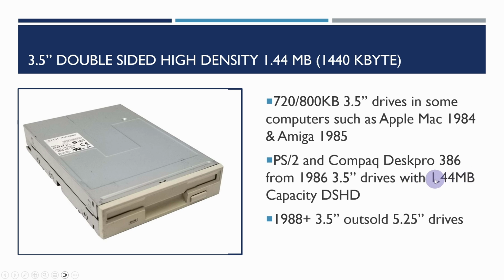I should say the capacity is not technically correct. The actual capacity of these drives is 1,440 kilobytes, which is not the same as 1.44 megabytes, but they're generally known as 1.44 meg floppies. And from around 1988 onwards, 3.5 inch drives outsold 5¼ inch drives.